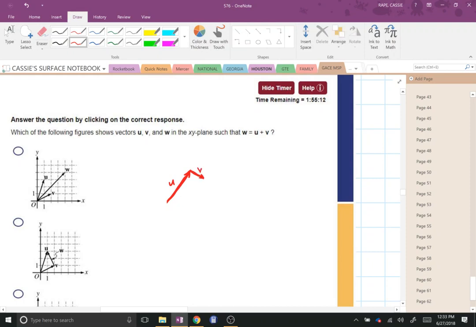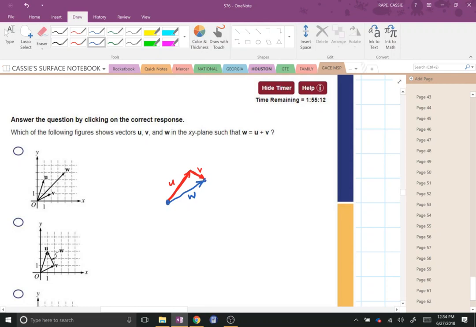U plus v looks like that. Now w, the sum of two vectors, is where you would end up if you did both u plus v from the starting point. So w is going to start where u started and end where v ends.